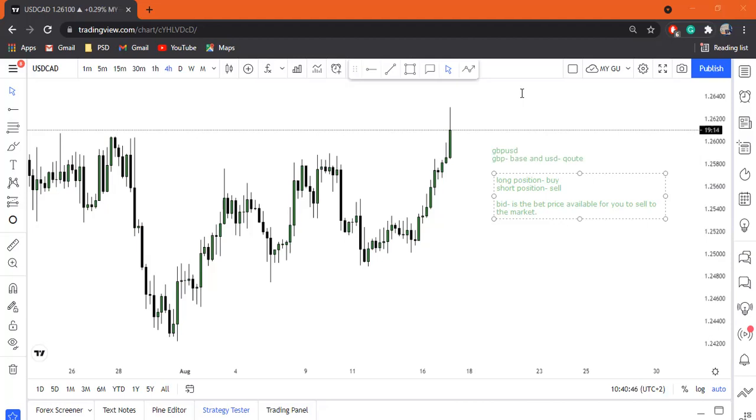And then the next thing is ask. The ask is the price at which your broker will sell the base currency in exchange for the quote currency. This means that this is the best price at which you can buy from the market. So bid is the best price you can sell, and ask is the best price that you can buy from the market.